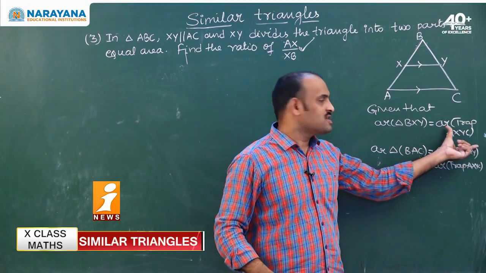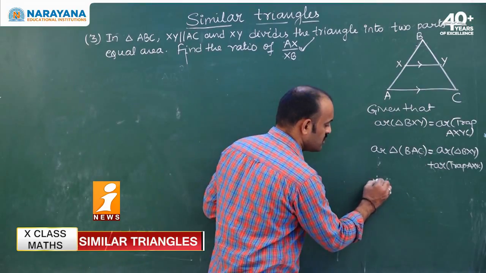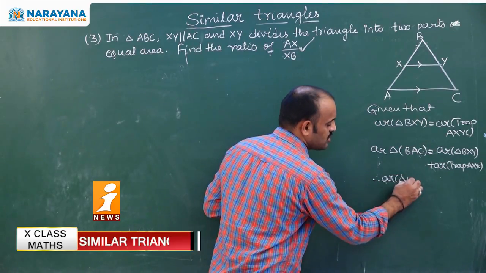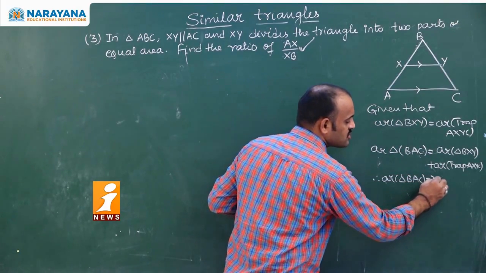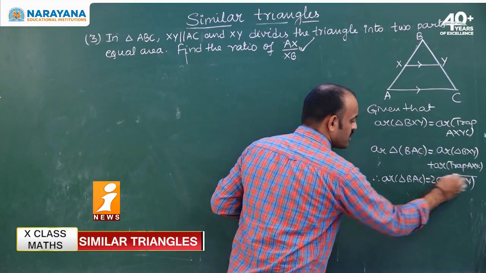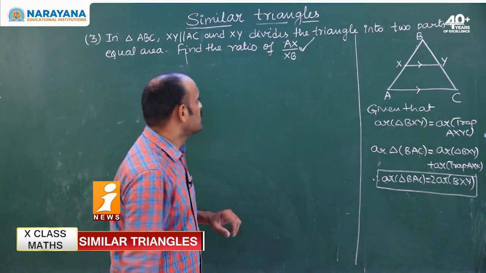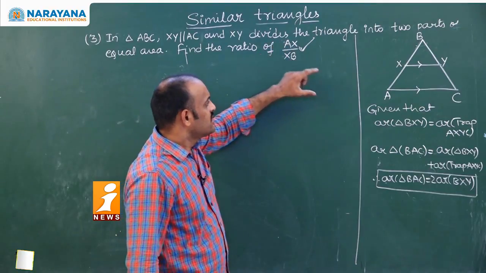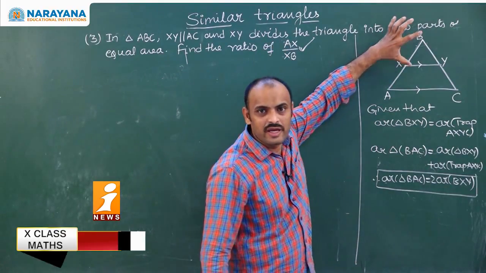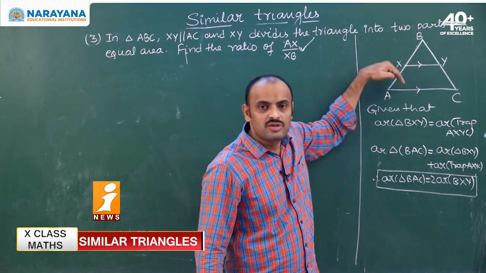Instead of this area of trapezium, I can take this area of triangle. Therefore, area of triangle BAC is equal to 2 times area of triangle BXY. So, keeping this in mind, now we are asked to find AX by XB. So, ratio of the two sides.